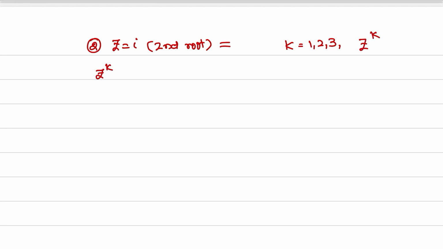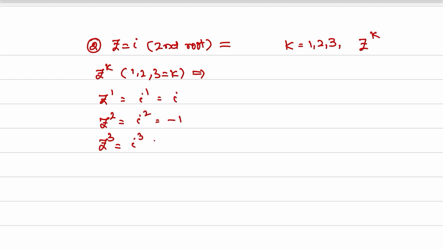Z to the power of 1 is equal to i to the power of 1, that is i. Z to the power of 2 is equal to i to the power of 2, that is minus 1. Z to the power of 3 is equal to i to the power of 3, that is minus i. Z to the power of 4 is equal to i to the power of 4, that is equal to 1.